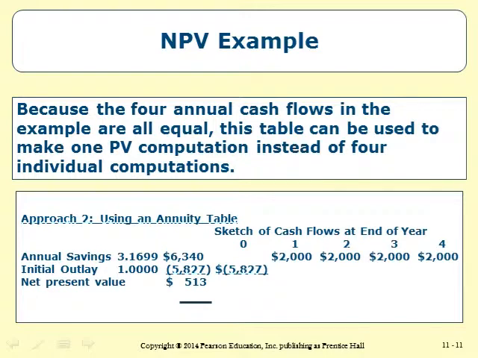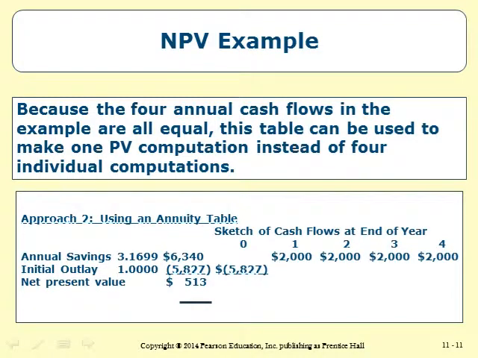And so here you can see that we are essentially doing the same process that we did earlier. We're just saying that instead of calculating the individual present values of each of the cash flows, because these cash flows are the same amount each year, it makes them an annuity, which is an equal series of payments over some period of time.